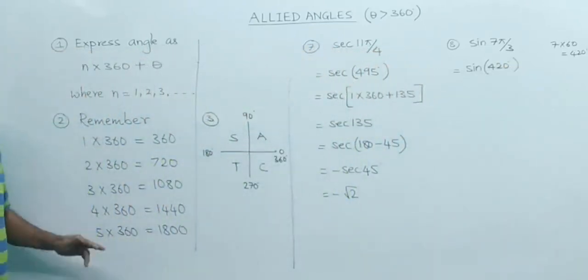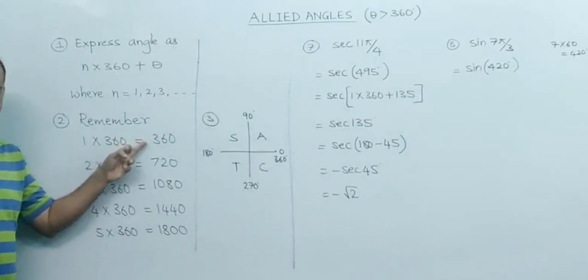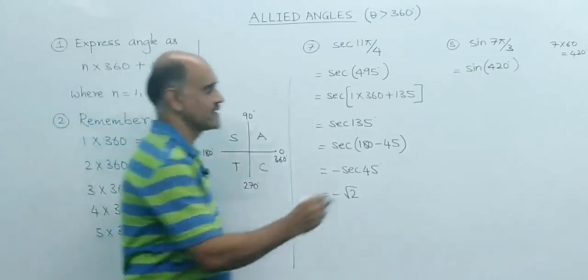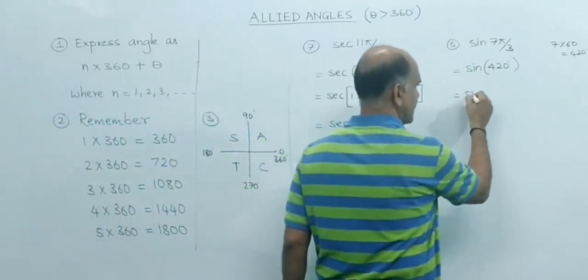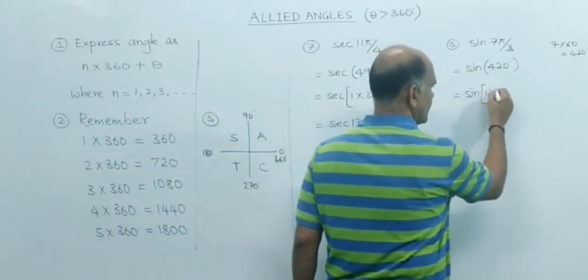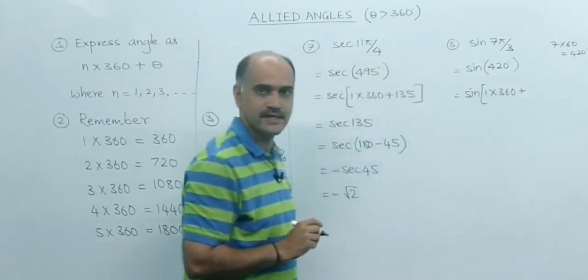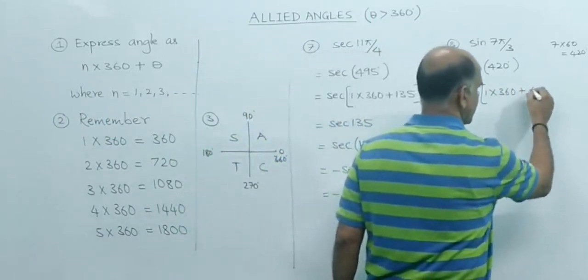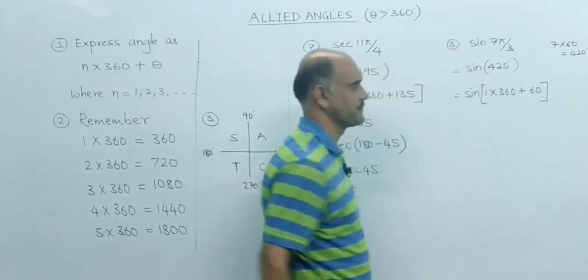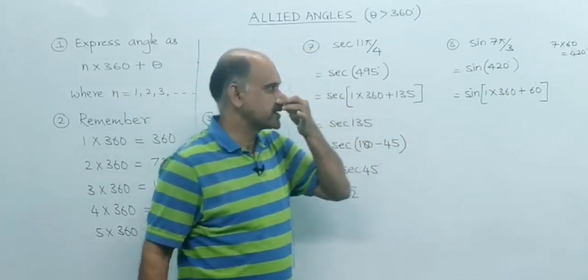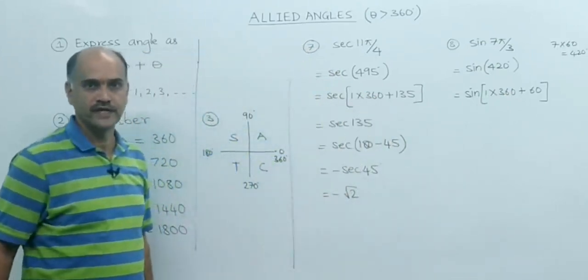So 420, again you check. 420 is greater than 360. So sine 420 can be written as sine of 1 into 360 plus how much it is greater? 60 degree, correct. So 1 into 360 plus 60, which will be 420.